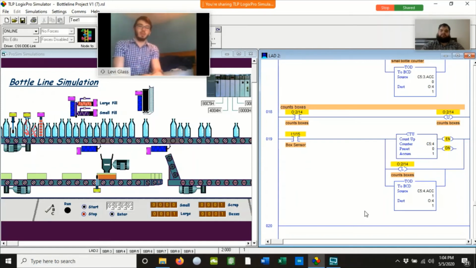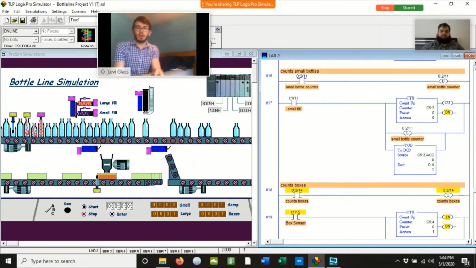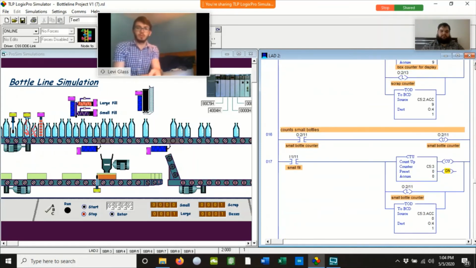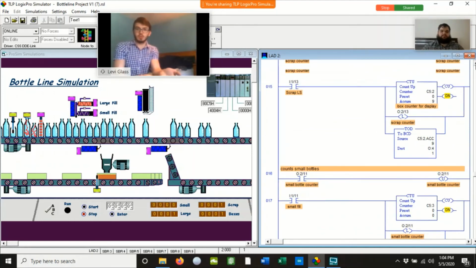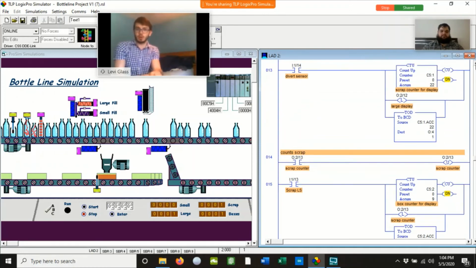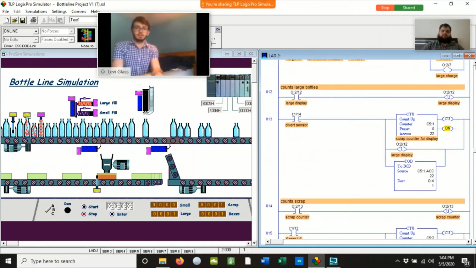On the other hand, we encountered a glitch where the other counters, if you scroll back up, the ones that count the scrap, the large, and the small bottles, weren't working the way they should be, even though our box counter was. So I'm going to let Steven finish off a few things here. Yeah, so we do have some counters.